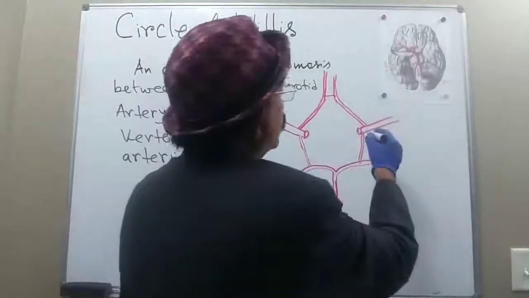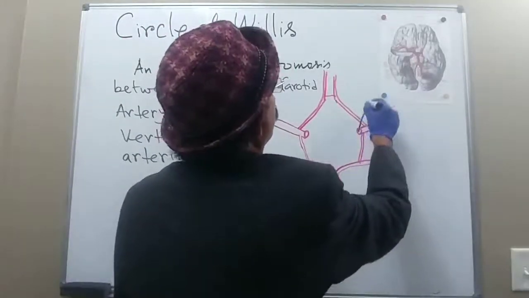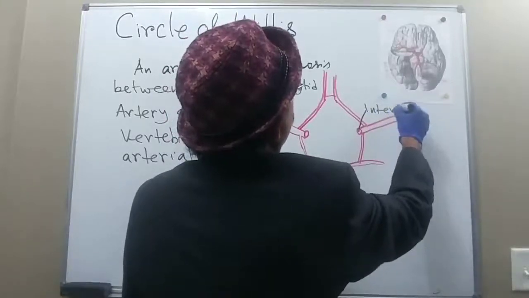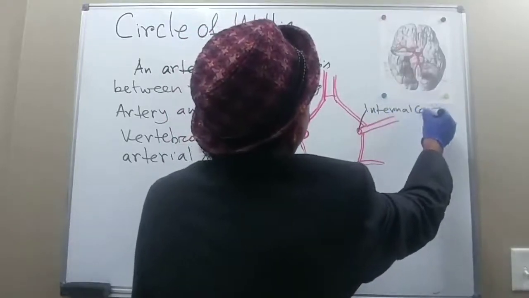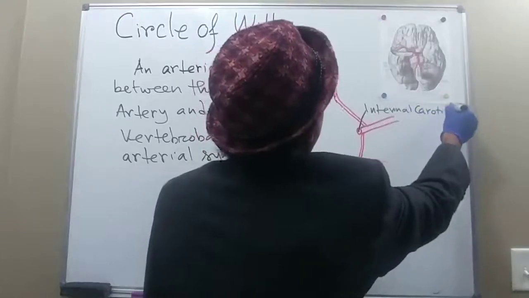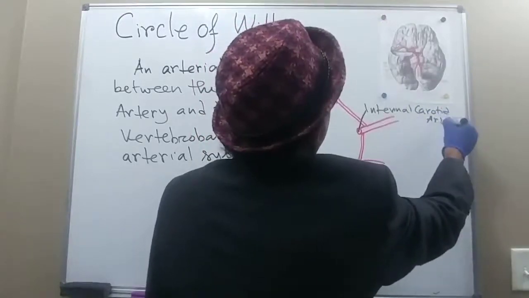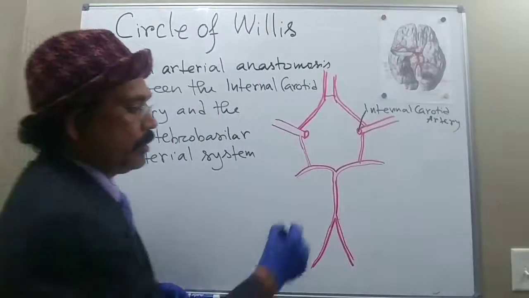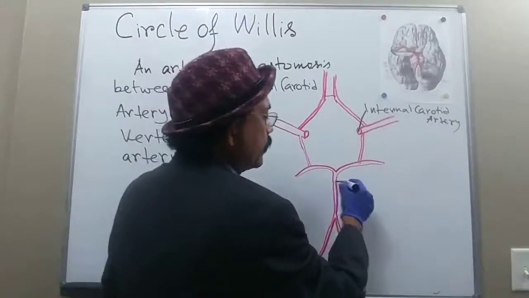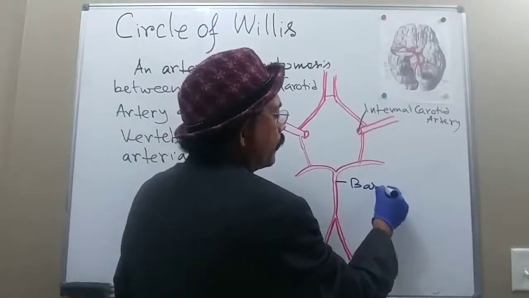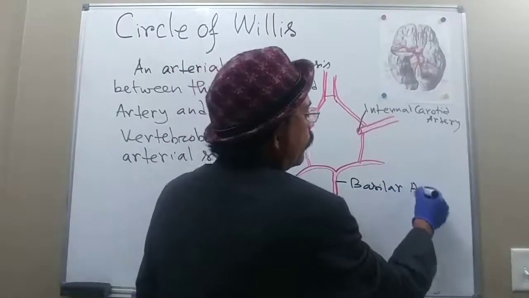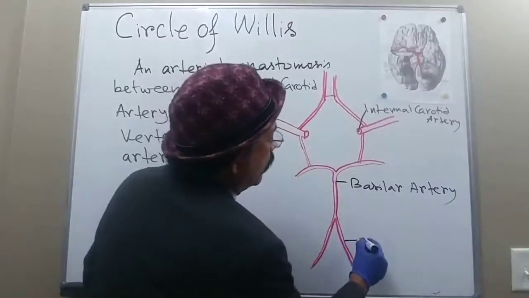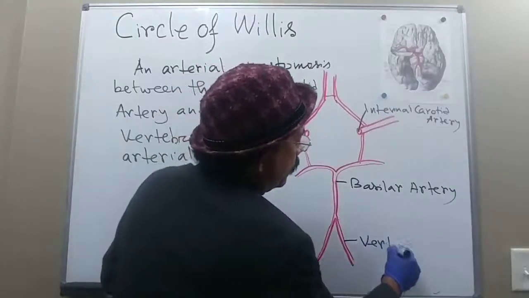So this is the internal carotid artery, and this is the basilar artery. These are the vertebral arteries.